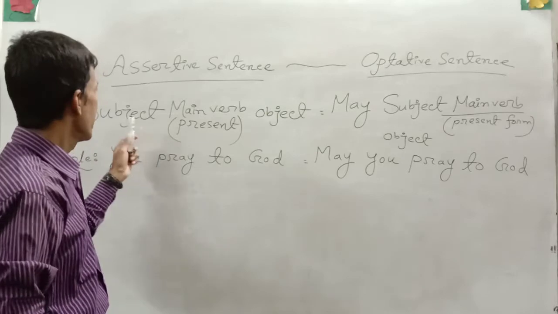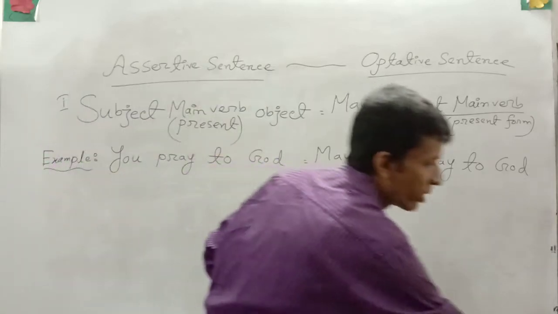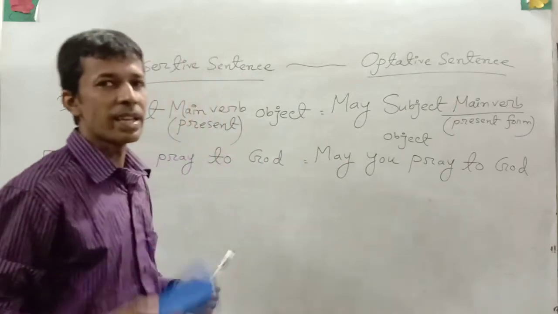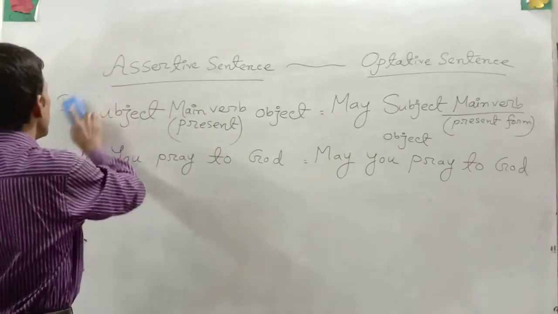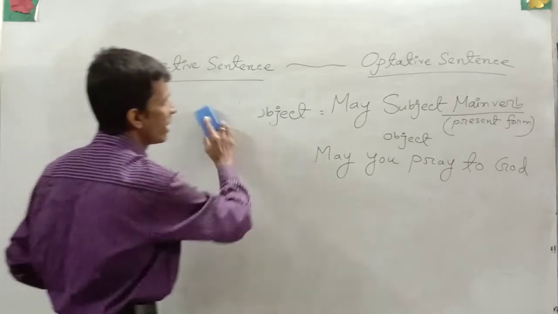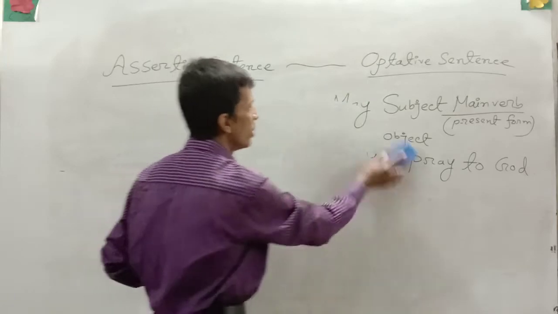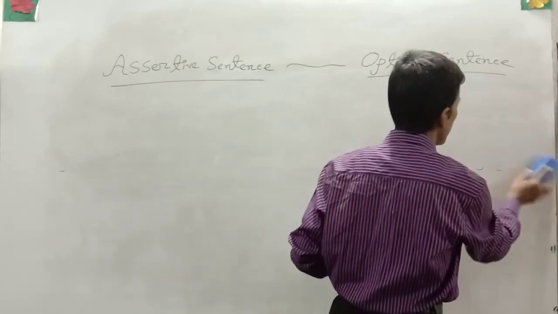But other examples and other structures are waiting for you. Now look at the whiteboard and watch very carefully, very attentively, so that you can understand it very easily. Now I am effacing all these examples to write down the second structure from the same discussion.